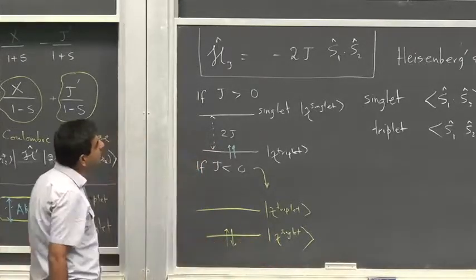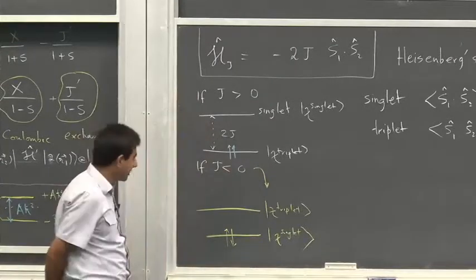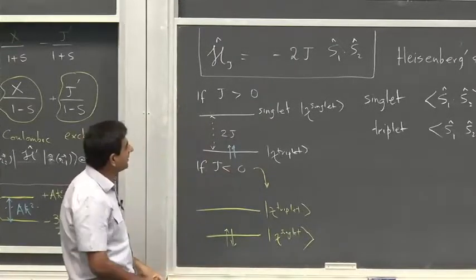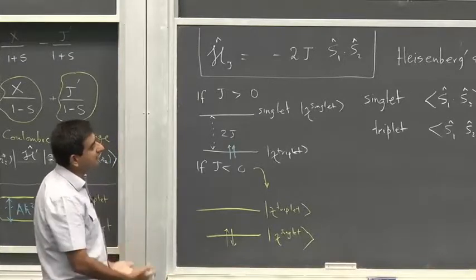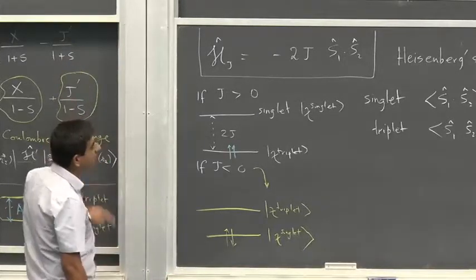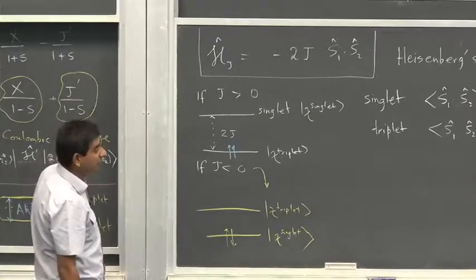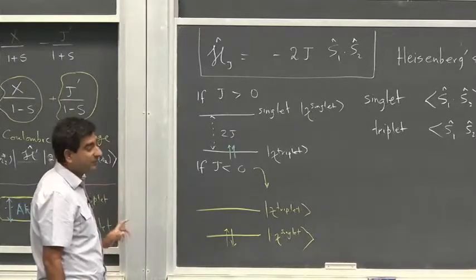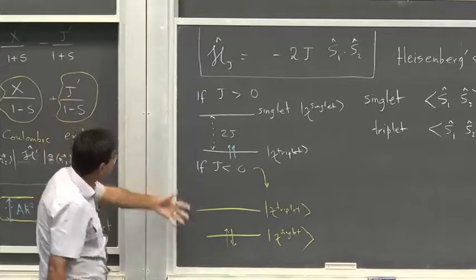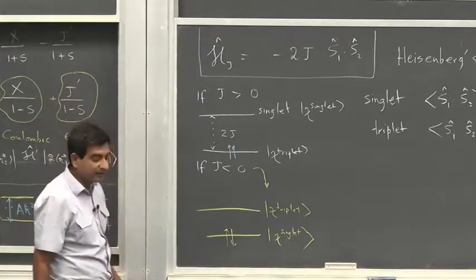Okay. So now we have this Heisenberg exchange Hamiltonian, and this reproduces the exact results for the helium atom and for the hydrogen molecule. We're going to prove that it does for the hydrogen molecule as well. But we've actually seen that this has a direct correspondence with the helium atom.